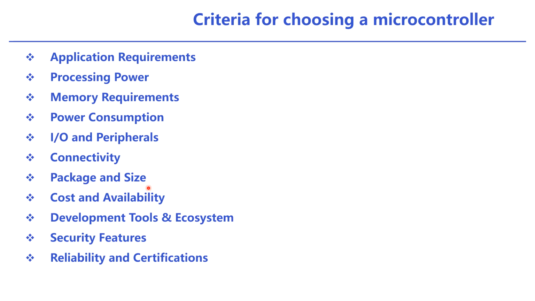Next, package and size. Cost and availability. Next, development tools and ecosystem. Next, security features. Next, reliability and certification. This is the criteria for choosing a microcontroller, so we can decide as per these things.